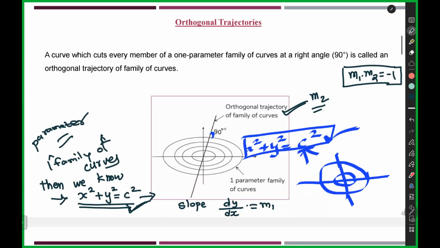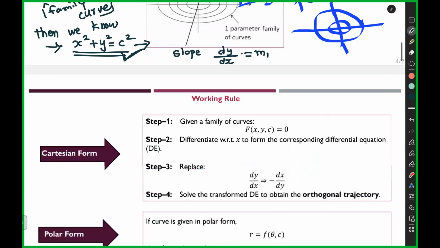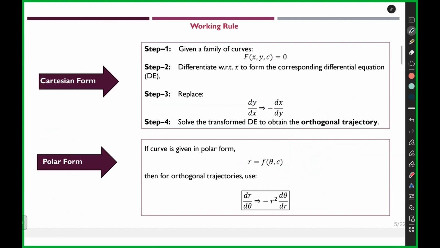What is the working rule? If we are given a family of curves, I have defined m1 as dy by dx, and m1 times m2 equals -1. We have to find the family of curves which is orthogonal to the given curve.